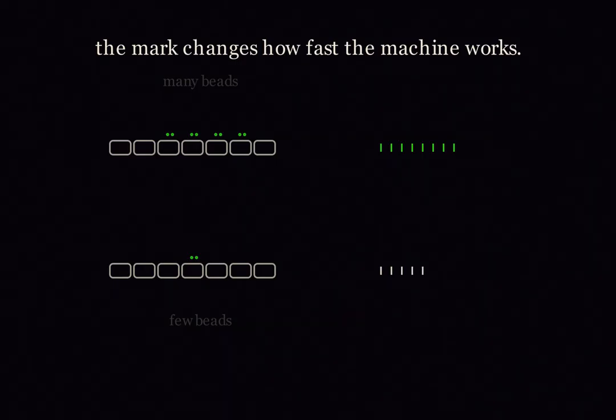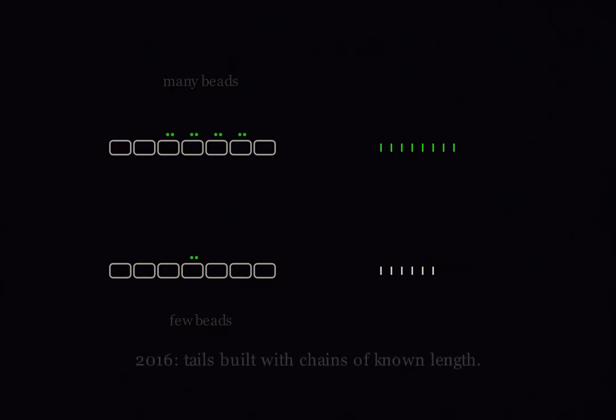Then the picture sharpened into something stranger and more precise. Later work, Wallenstein and Roll-Mikak, 2016, built tails with chains of known length, timed the cutting, filament by filament, and found that the relationship is not a switch, it is a dial.